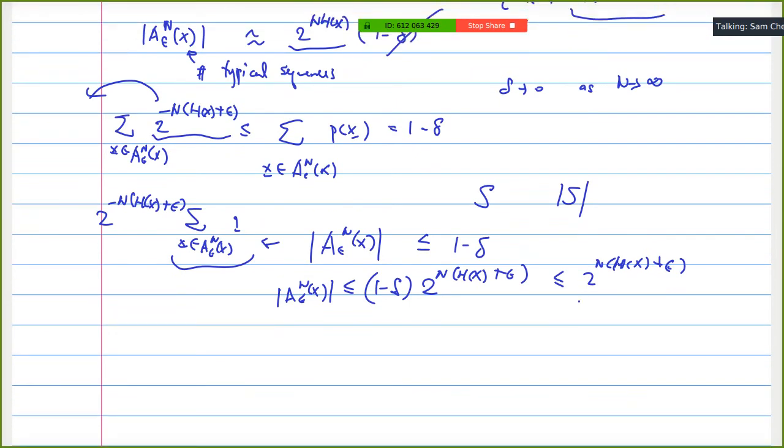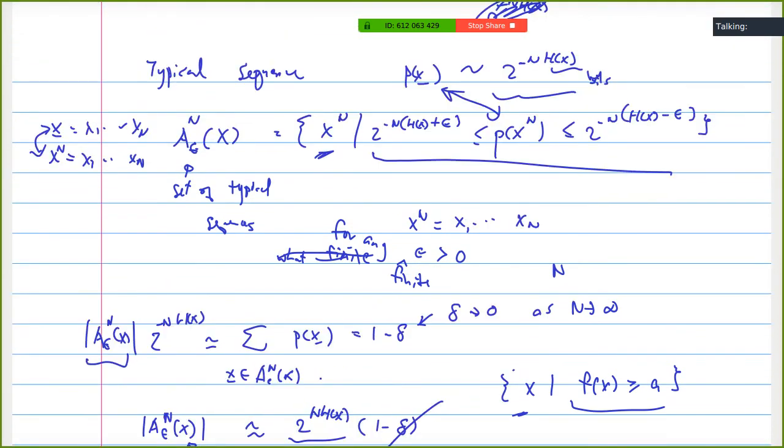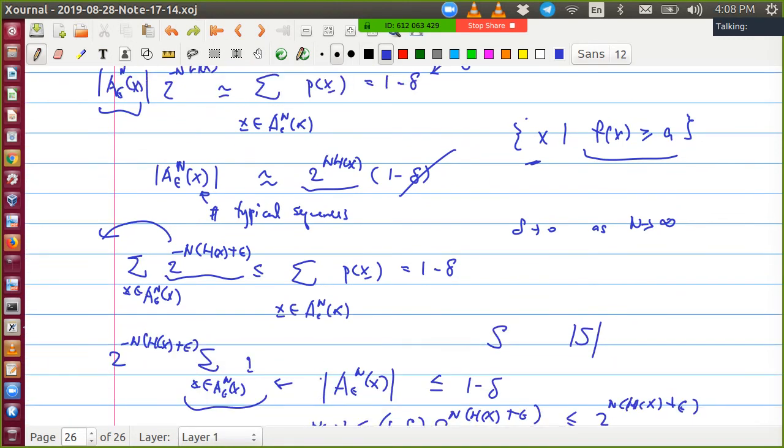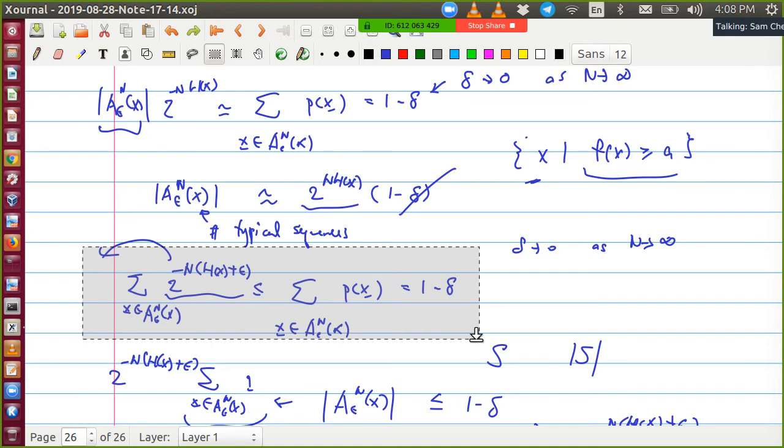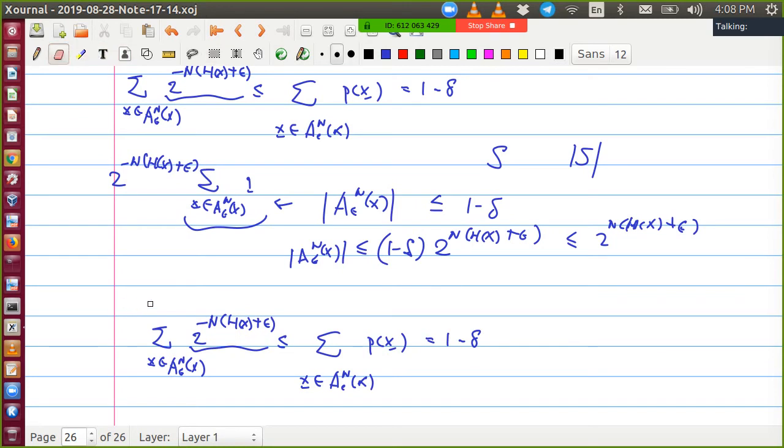Now I can also have the other side. I can have p(x) again, copying the same thing here, but now I can have that this is bigger than or equal to p(x), but with minus.